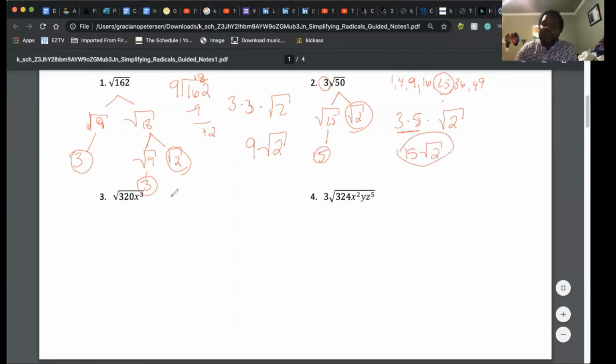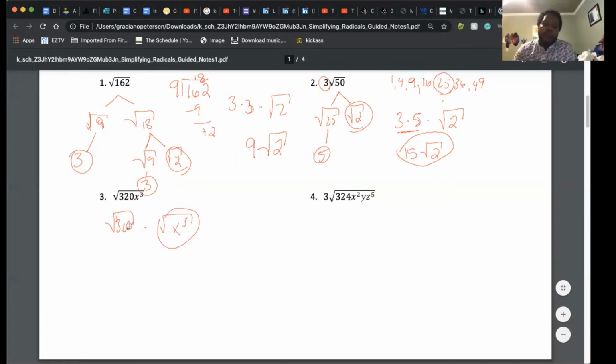So I'm just going to separate the two for right now. I'm not even going to think about this variable. I'm going to pretend this variable isn't here. I might even just rewrite the whole thing. I'm just going to do the square root of 320 times the square root of x cubed. All right, I just want to ignore this for now. This is there, but I don't care about it. So I want to focus on the 320.